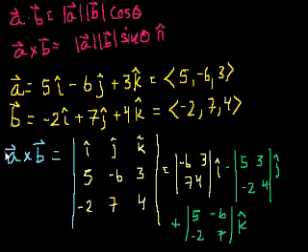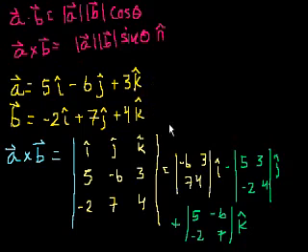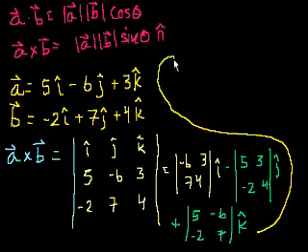And now let's calculate them. Let me make some space because I've written this too big. So what do we get? These 2 by 2 determinants are pretty easy. This is minus 6 times 4 minus 7 times 3. So it's minus 24 minus 21, times I. I always make careless mistakes here.